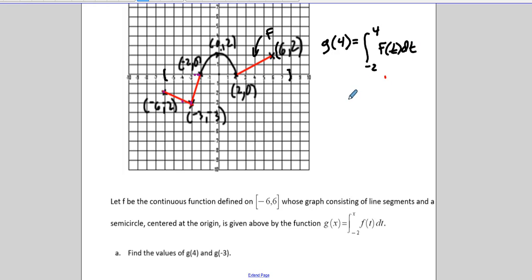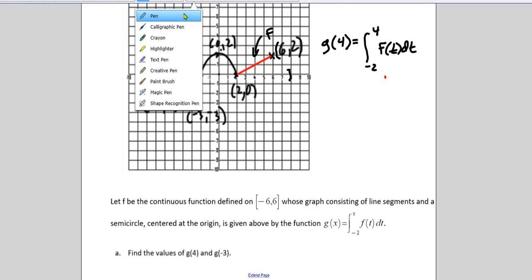Now this is a geometry question, because it's saying find the area under the curve from -2 to 4, which is from here to here. So we're talking about this area right here.